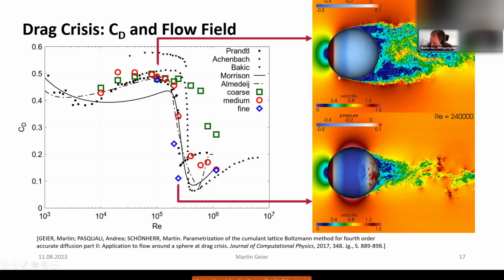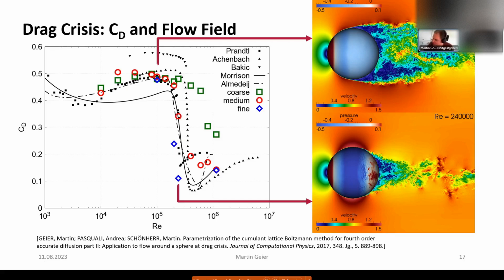The reason for this is that the transition point in the turbulent boundary layer goes from the front of the sphere to the back of the sphere. Then we no longer have a diverging wake, but a converging wake. This was very difficult to solve on Cartesian grid methods.